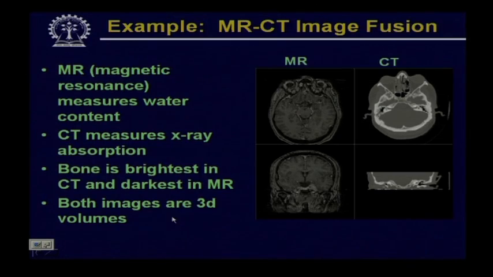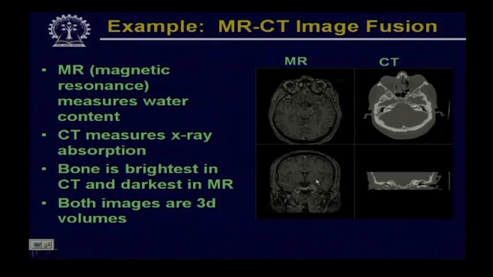This image registration technique is also very useful, as I said, in image fusion or combining different images, and for that also we have to go for image registration. Say, for example, here we have shown 2 types of images: magnetic resonance images and CT scan images. Now, magnetic resonance images give you a measure of water content, whereas CT X-ray images give you the brightest region for the bone regions.